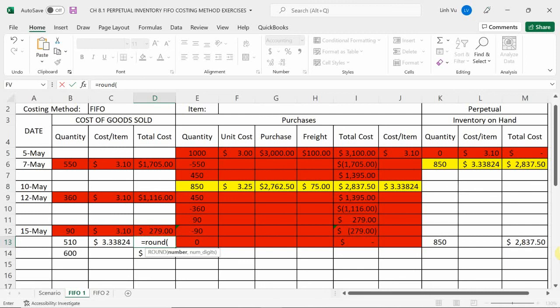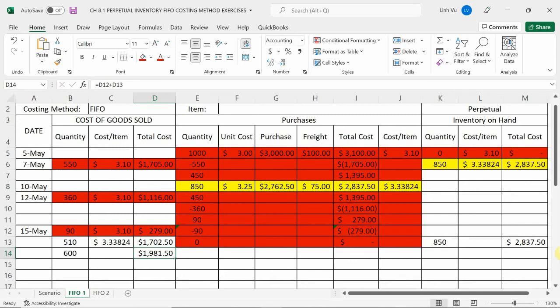So in this case, how much is my cost of goods sold if I sold 510 units at 3.33824? $1,702.50. $1,702.